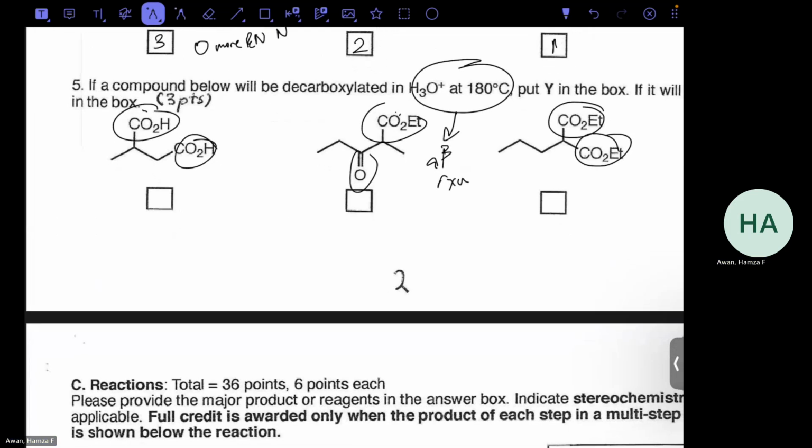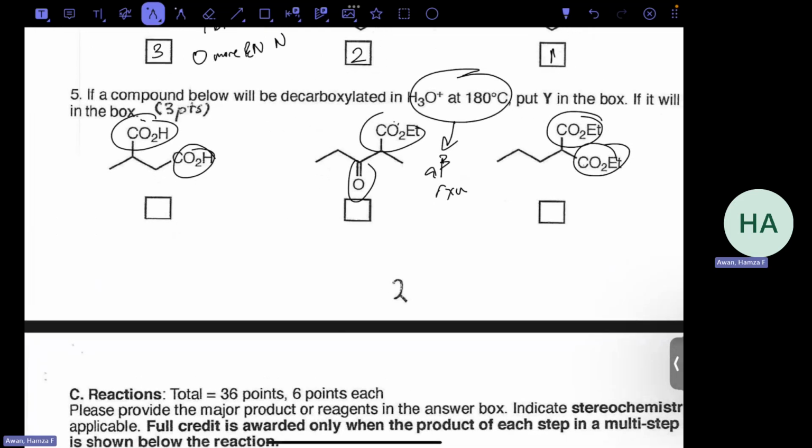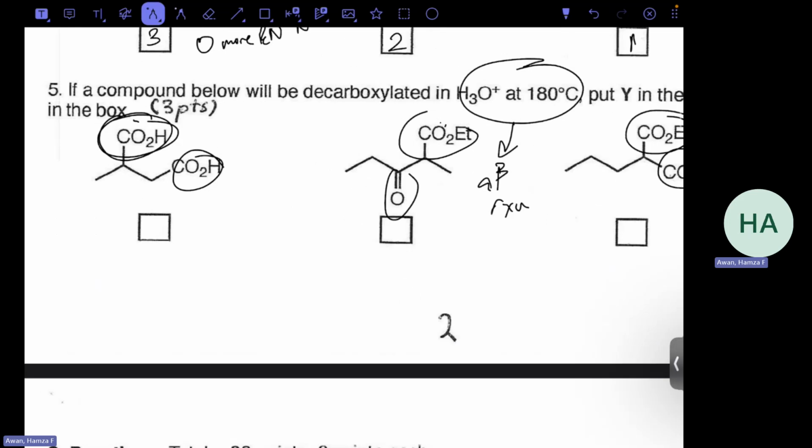Whenever we look at this, we're going to start with any of these groups that are circled. So we'll start with this group. If we put alpha beta, we're not going to start at this carbon. We're going to start at the next carbon over. So we'll call this carbon alpha, and this carbon beta.